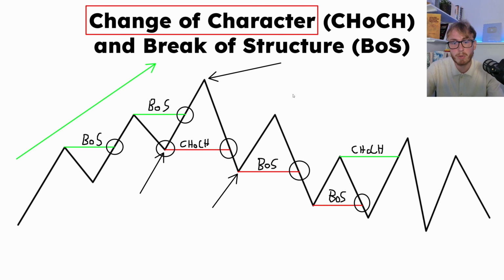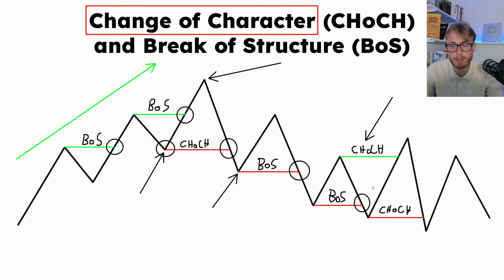Because in order to have a downtrend, we need to print lower highs and lower lows. And when we break this point right here, we are no longer printing lower highs. But the next move right here is more complicated, because you can see at this point, the price actually breaks to yet another low. Some traders will consider this yet another immediate change of character.